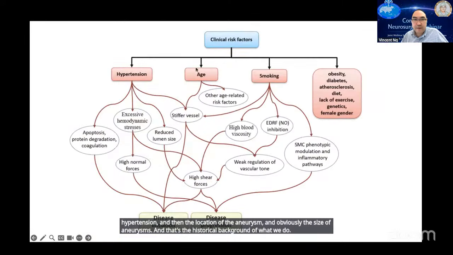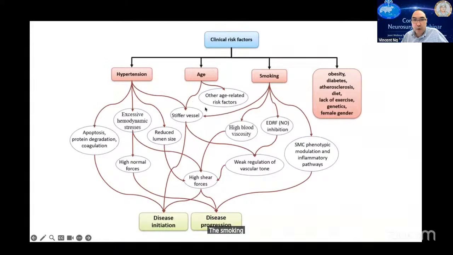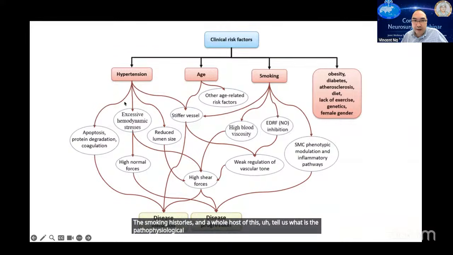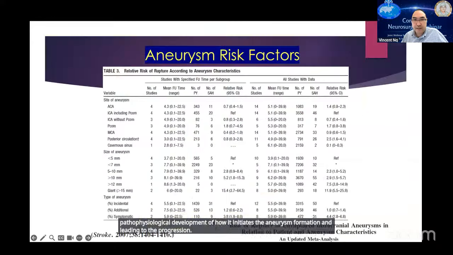When we look at the clinical risk factors, then hypertension, age, the smoking history, and a whole host of these tell us the pathophysiological development of how it initiates the aneurysm formation and leads to the progression of the aneurysm itself.